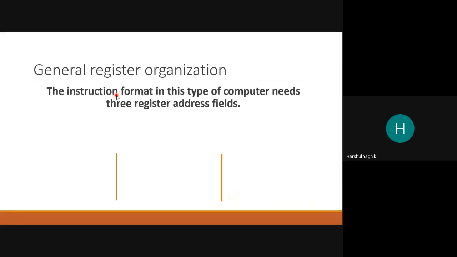Next is general register organization. In this case, the instruction format is of the type the computer needs 3 register address fields. For example, like this: add R1, R2, R3.